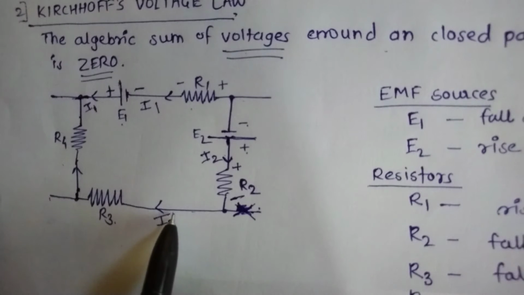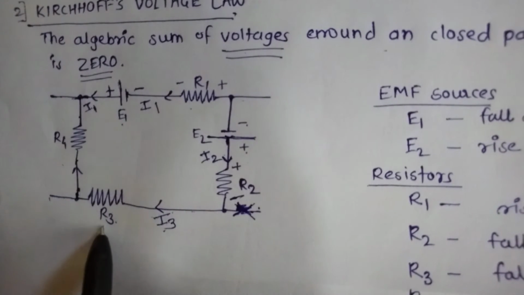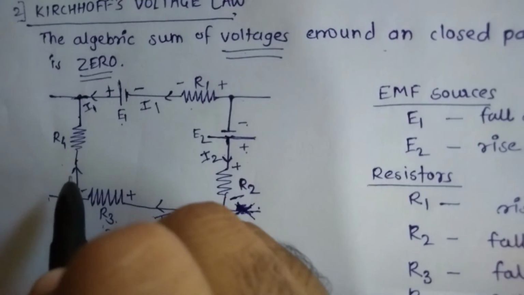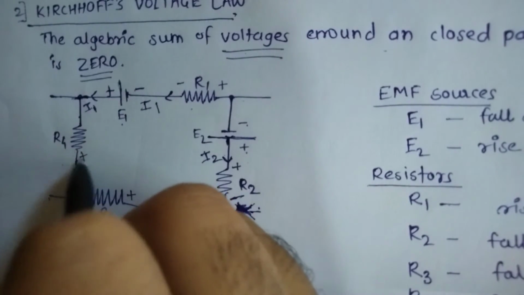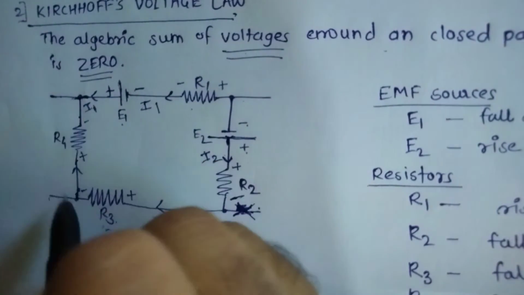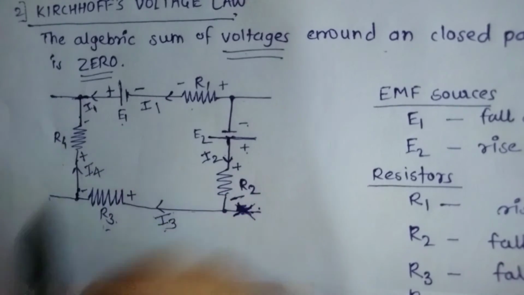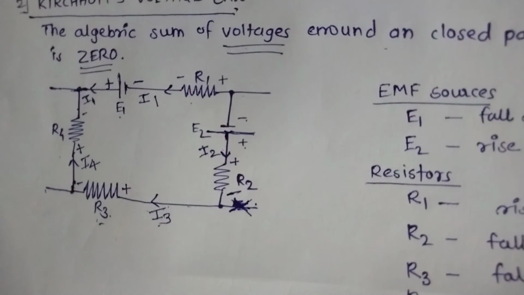So the current flowing in this line is I3 and the resistance is R3. The sign convention is given as positive, negative. Again in this scenario that is also positive and negative. The current flowing through R4 is I4. Clear?